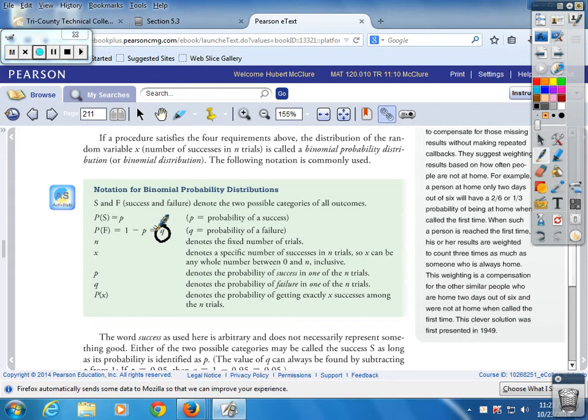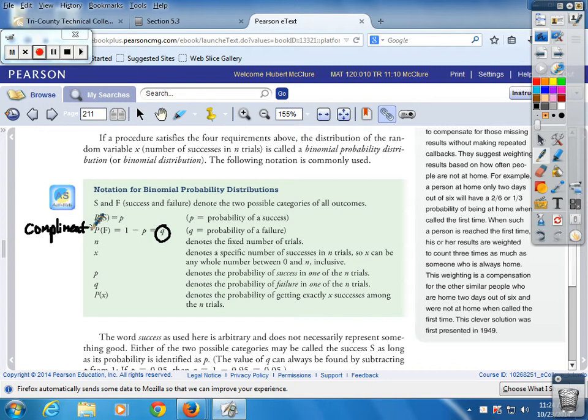If P is equal to 0.35, Q is equal to 0.65 because 0 to 1 is probability. So Q is the complement. N denotes the fixed number of trials. I'll get to that when we get to our first example. And X denotes the specific, in other words, what you want.